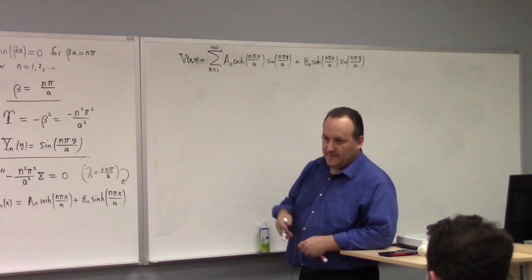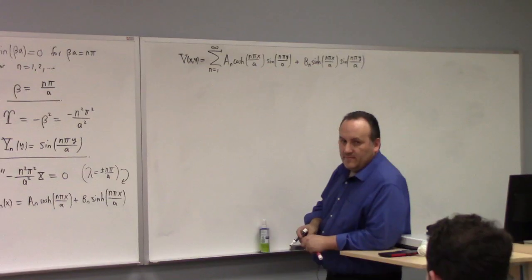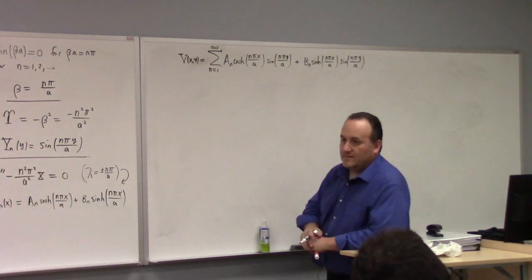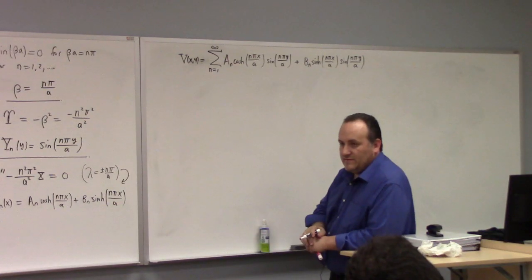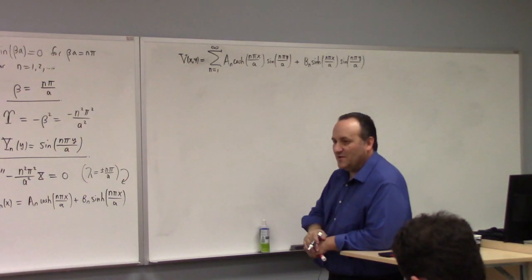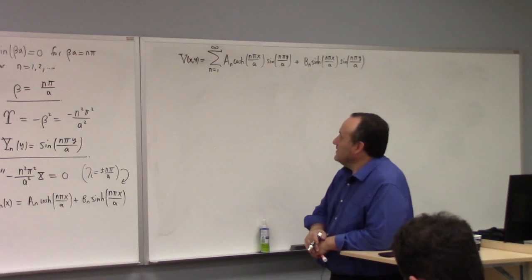So an infinite sum of solutions is again a solution. Now we just need to figure out what the choices of the a sub n's and b sub n's have to be to make it work. It's kind of like infinite undetermined coefficients, if you like to think of it that way.